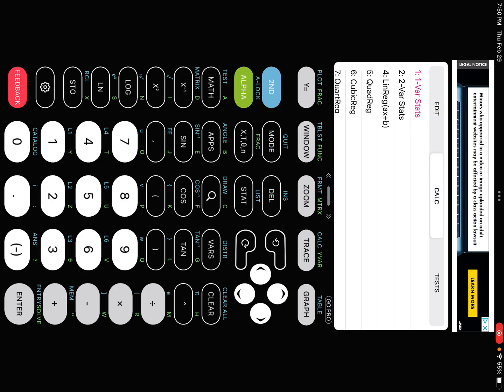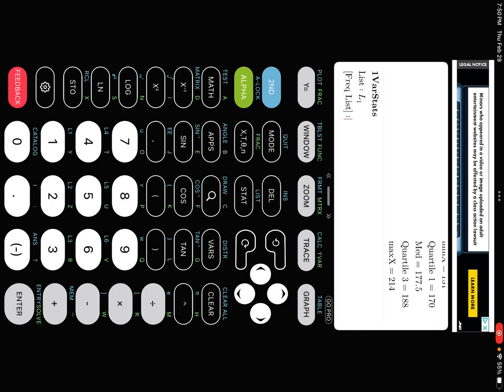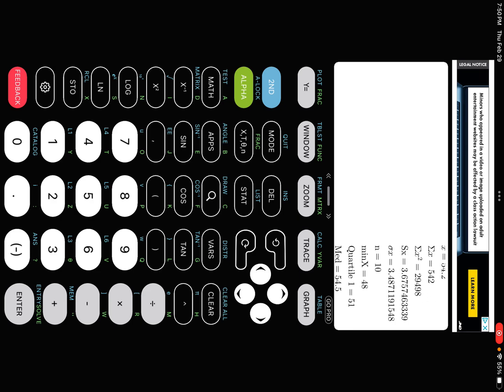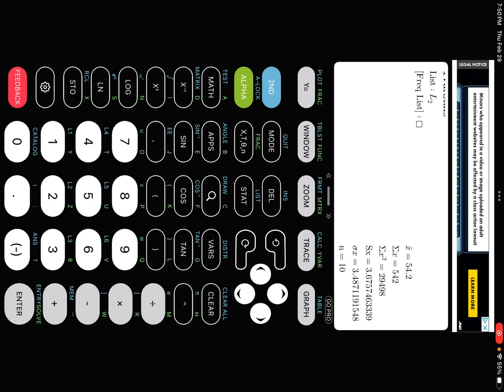And go to stat, go to calculate, go to one variable statistics. And there we go. There's my sample mean of 54.2.